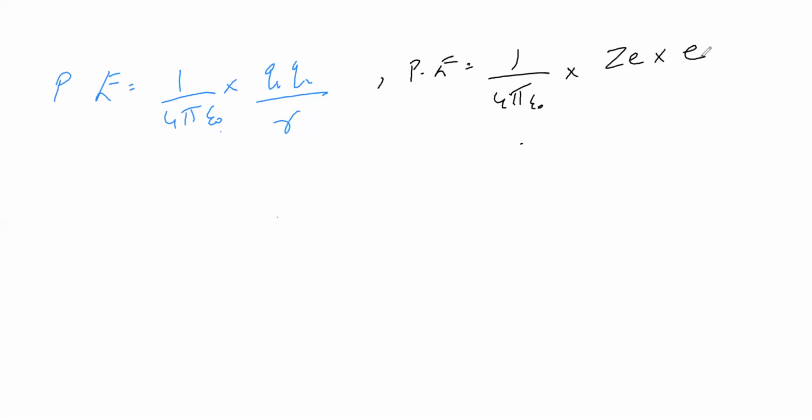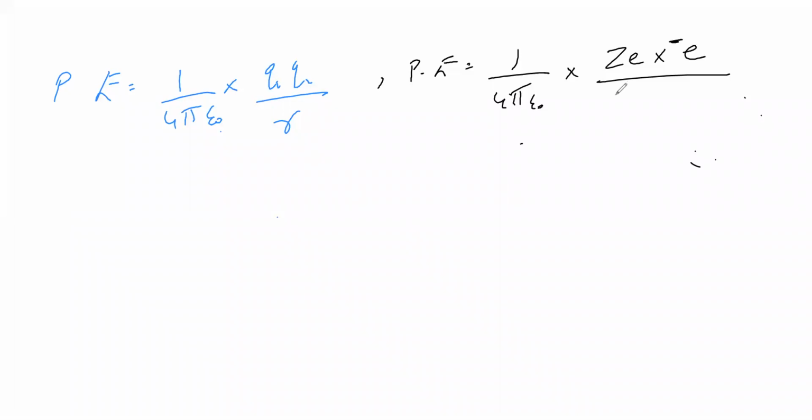Okay, Ze into e. And if I want to include the charge of the electron as negative, I can put a negative sign also. In electrostatic potential, generally for electron-electron repulsion, that also you studied last year in class 11th.